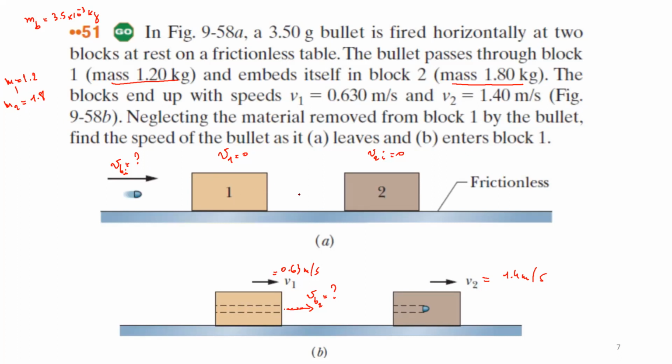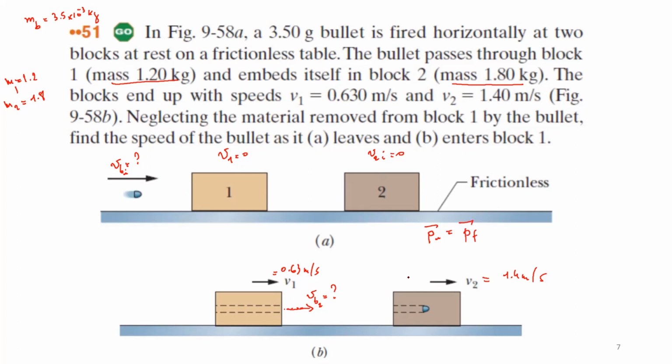In the second case, I have a completely inelastic collision because the bullet embeds in block 2. So I have conservation of momentum for block 2 after the collision. So what do I have? I have momentum before equal to momentum after.